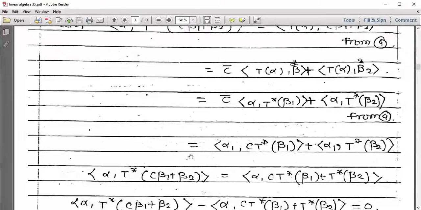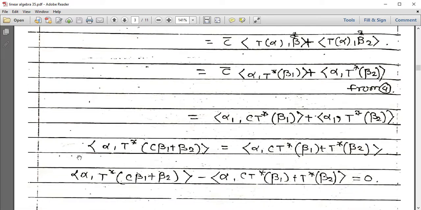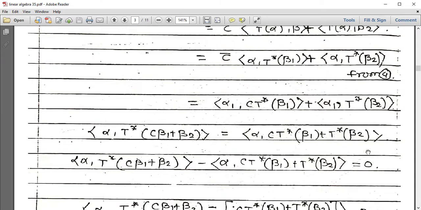Hence, we have the inner product of alpha and c T star of beta 1 plus the inner product of alpha and T star of beta 2. Hence, we can write the inner product of alpha and T star of c beta 1 plus beta 2 as the inner product of alpha and c T star of beta 1 plus T star of beta 2.